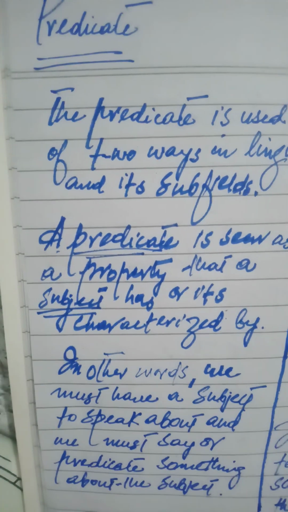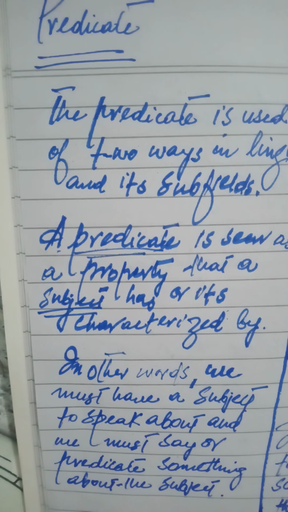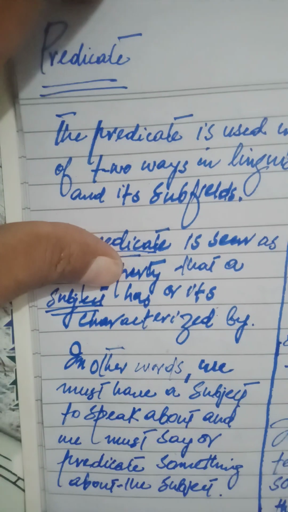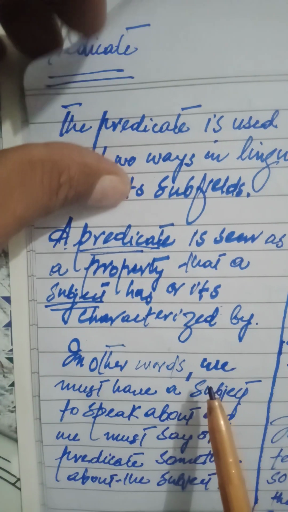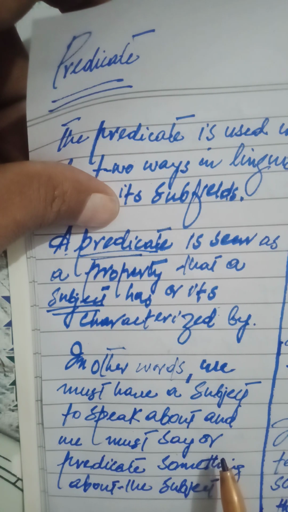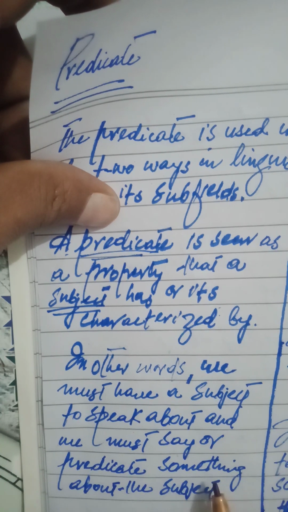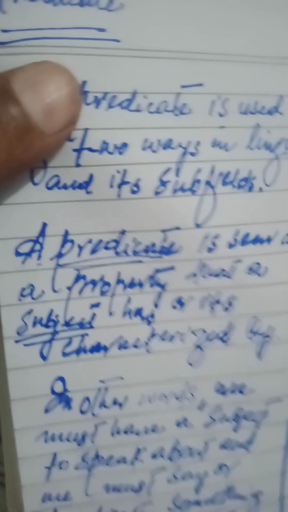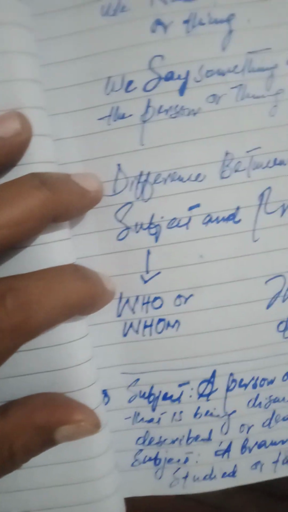So we must have a subject to speak about, and we must say or predicate something about the subject. So this is how the overall sentence becomes.